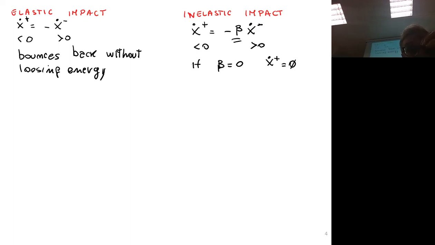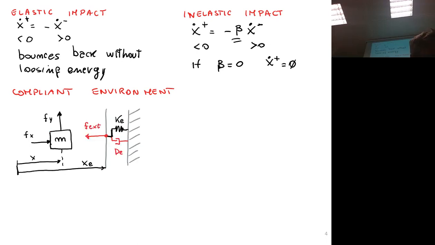So in general, let's not complicate this. The other possibility instead is to have a soft environment. And we typically model the softness of the environment by the presence of a spring.